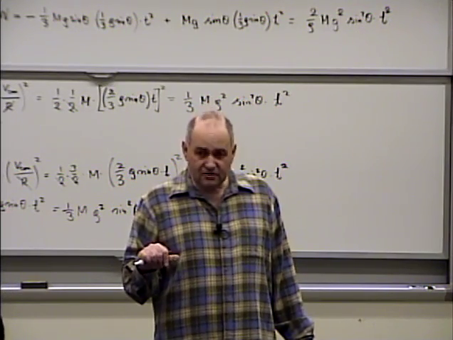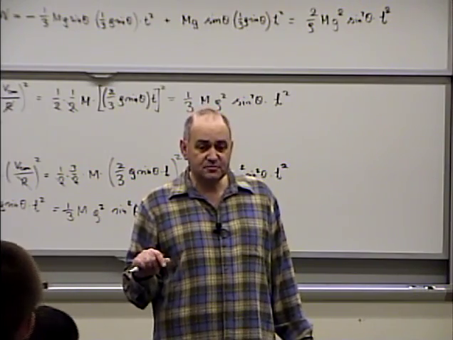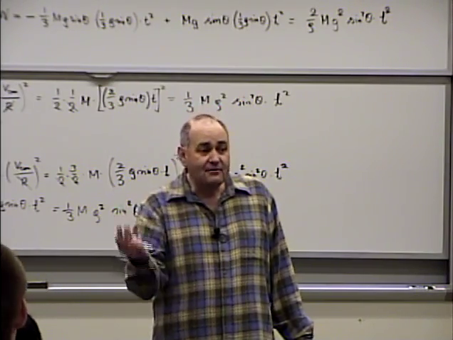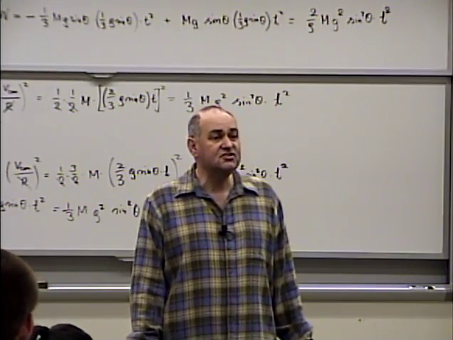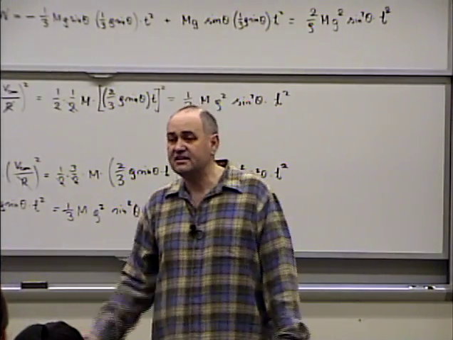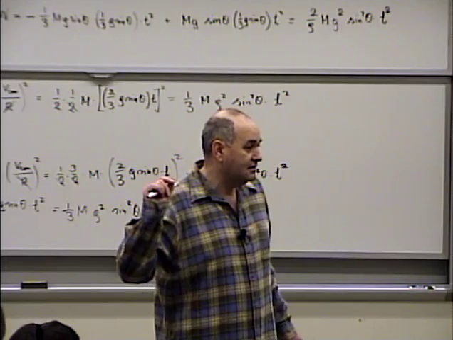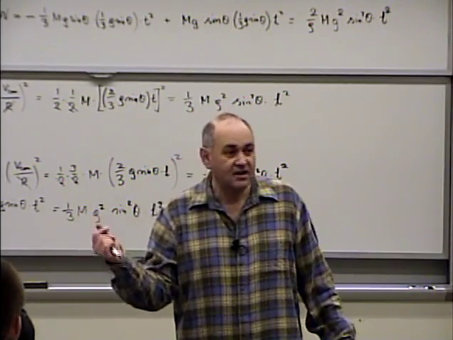So it is 1/2 total mass times the square of speed, but indeed it is not the speed of the object, it is the speed of the center of mass of the object. So what do we call this kinetic energy?